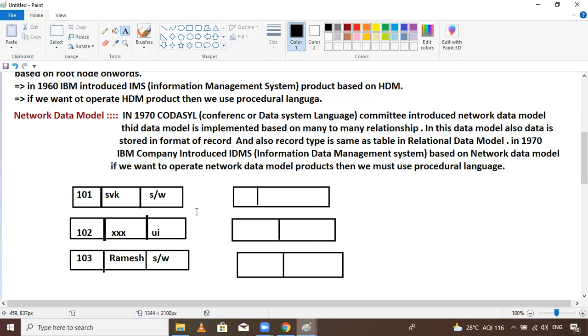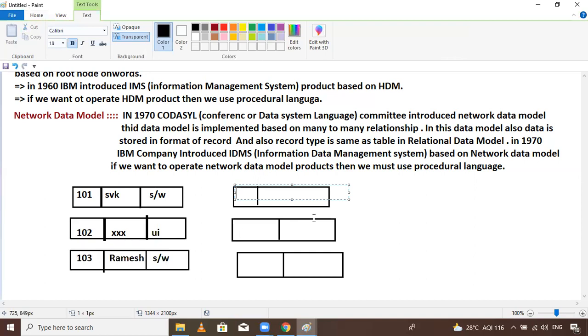So now in this table, here is one thing. Suppose one node, two node, sorry, two node three is there.